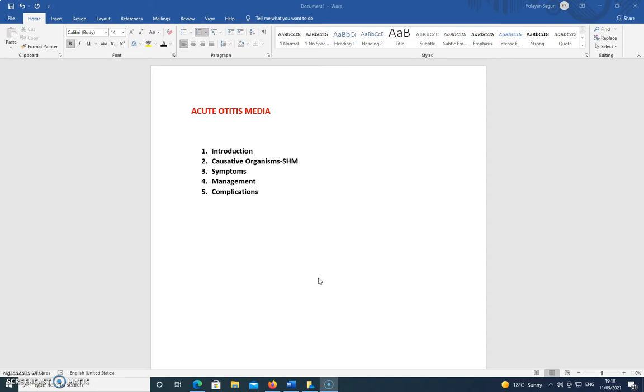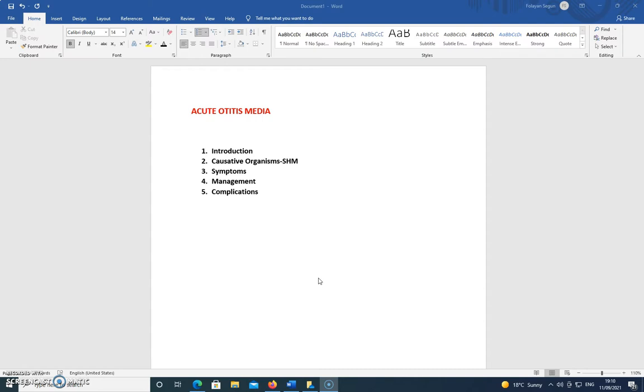So what we usually do is, if we see a patient with acute otitis media who is not really toxic, we just give them analgesia to go on with, and we follow them up in 3 days. For patients that are still symptomatic, still unwell after 3 days, we give them antibiotics.